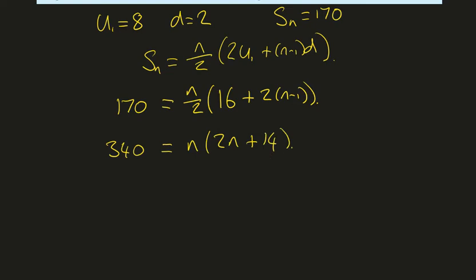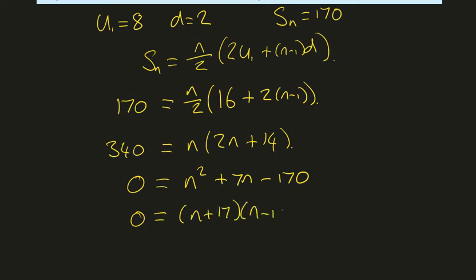And then if we expand the brackets, divide by 2, and move the 340 across, we'll be left with a quadratic equation, n squared plus 7n minus 170. And is it factorizable? Yes, it is, because we can write it as (n plus 17)(n minus 10).